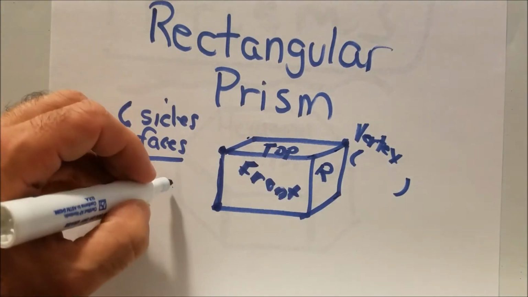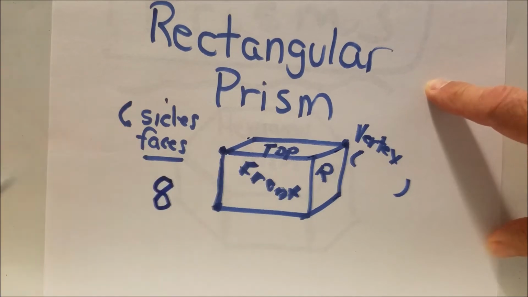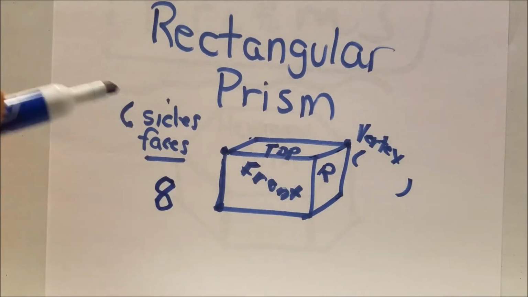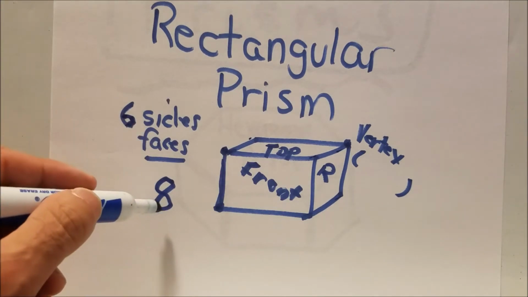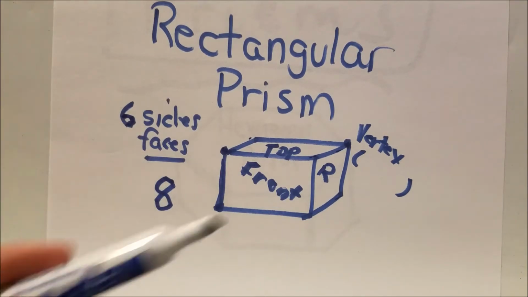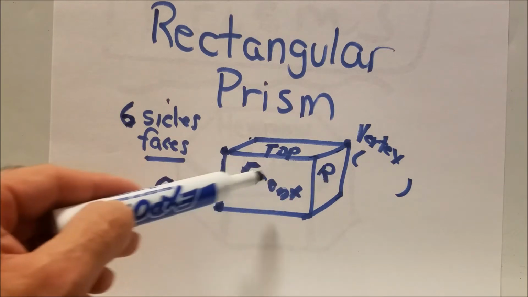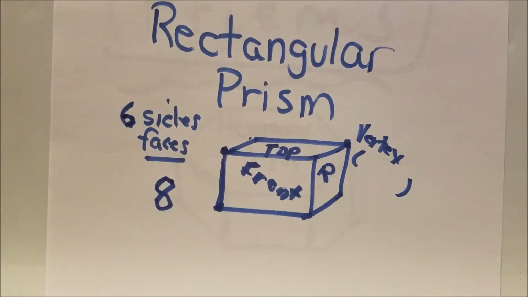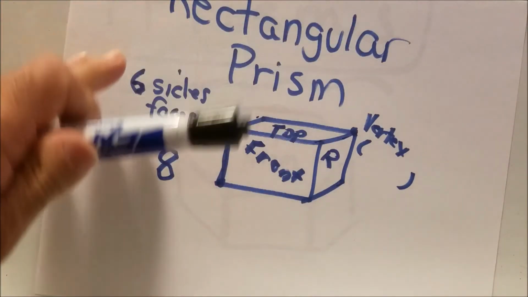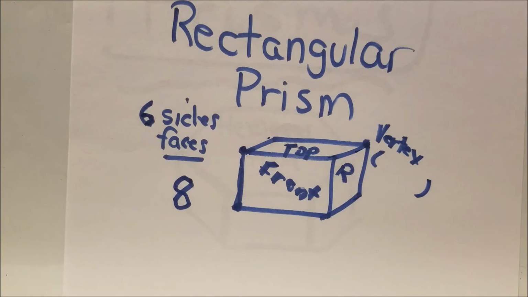So a total of 8 vertices. 6 faces, 8 vertices. And again, we have a top, a right, a front, and then we also have a left, a back, and a bottom. So now let's see if we can get the area of this rectangular prism.